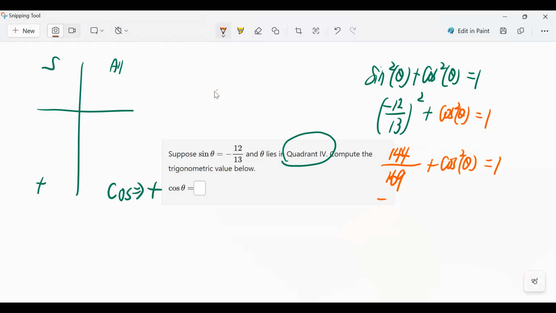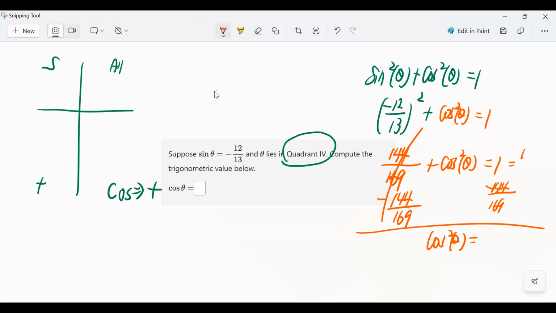Now subtract 144 over 169 from both sides of the equation. Cosine theta squared equals 169 over 169 minus 144 over 169. Same denominator, subtract the numerators, you get 25 over 169.